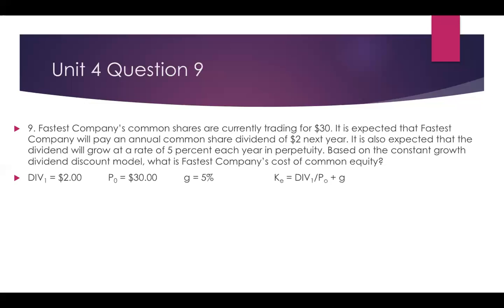The information that we have on hand already, we do know that the dividend is $2. We know that Fastest company is currently trading at $30. And we also know that the expected growth rate of the dividend is 5%.